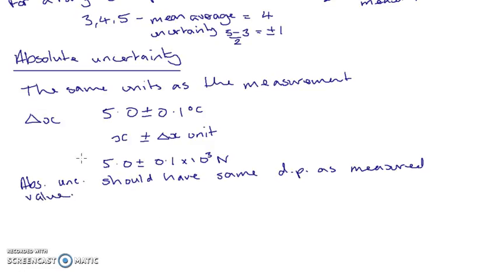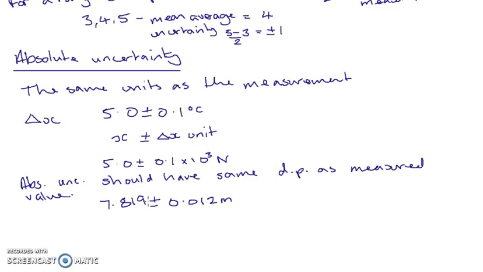So if I've got a value like 7.819 plus or minus, I need the same number of decimal places. So I could have 0.012. So I've got 3 decimal places here, 3 decimal places here. The size of this, that could be half a range of repeated results. So that could be any size, but the number of decimal places, I don't know, let's go with meters. The number of decimal places should be the same, and you always need to have units afterwards, unless you've got a dimensionless quantity.